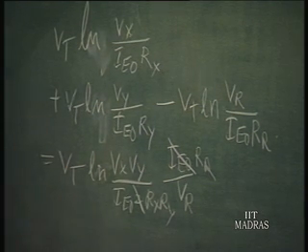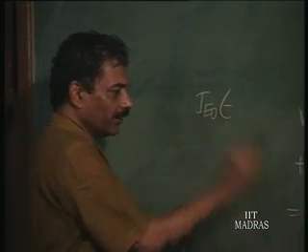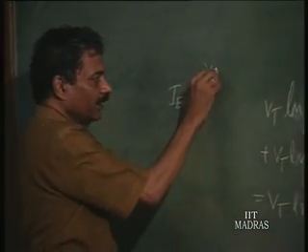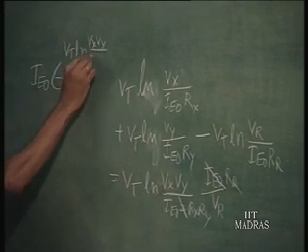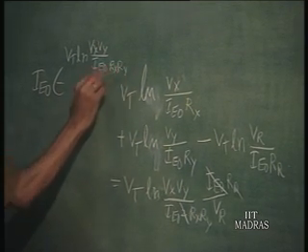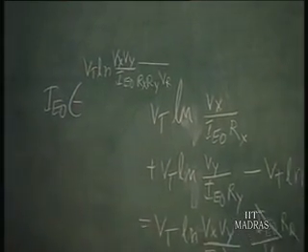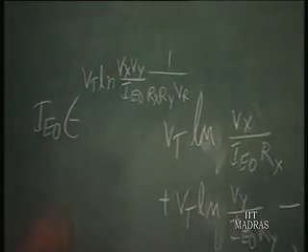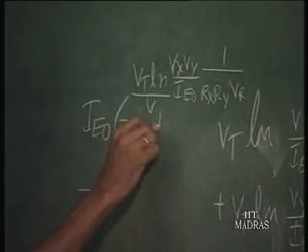When we take the anti-log, let us take the anti-log now. Anti-log will give you IE naught exponent of this voltage, if this becomes the forward voltage, which is Vt ln Vx Vy by IE naught Rx Ry, to Vr, divided by Vt.